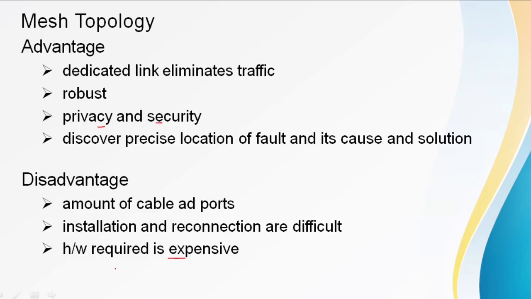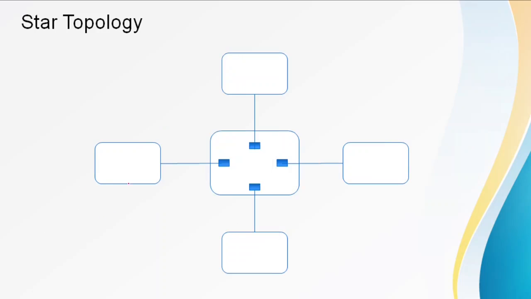Next topology, star. So we are going to see about the star topology now. In star topology, each device has a dedicated point-to-point link only to the central controller, that is usually called a hub. Devices are not directly connected here. All the devices are connected through a central hub.